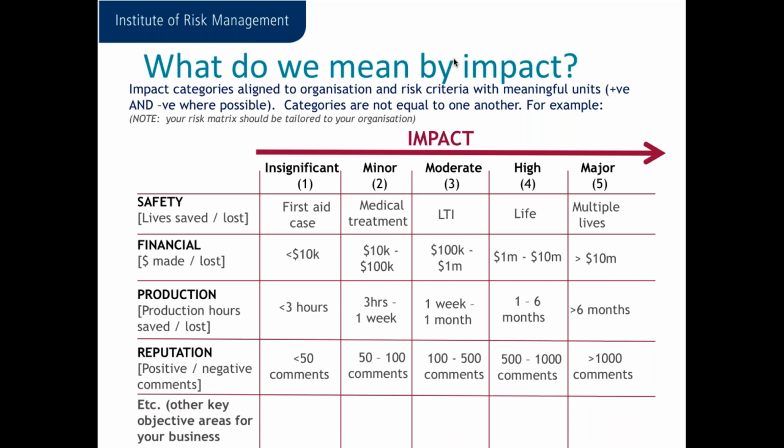Whereas I've also been working recently with a local council, and their insignificant is anything under, I think it's £3,000, and at the major level it's anything over £1 million, and that's at corporate level. So we need to think about what those scales are.